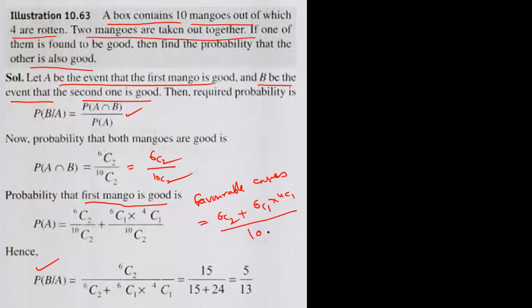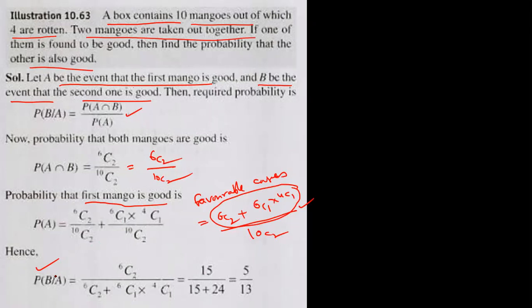So the favorable cases by 10C2 is 6C2 plus 6C1 into 4C1 by 10C2.